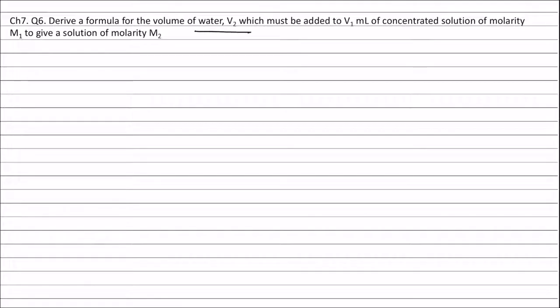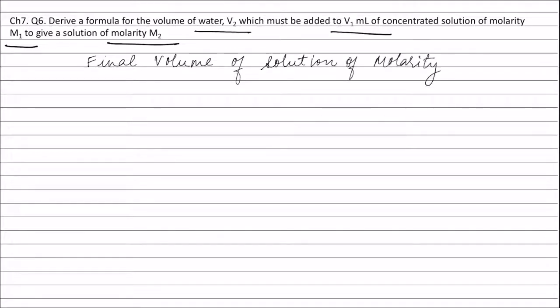Volume of the concentrated solution is V1, and molarity of the solution is M1, and the new solution will have the molarity M2. Now, if the volume of water is V2, then final volume of solution of molarity M2 will be equal to V1 plus V2.